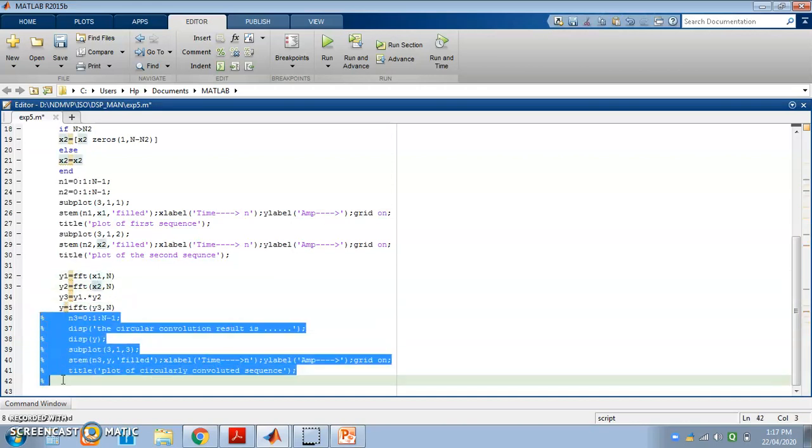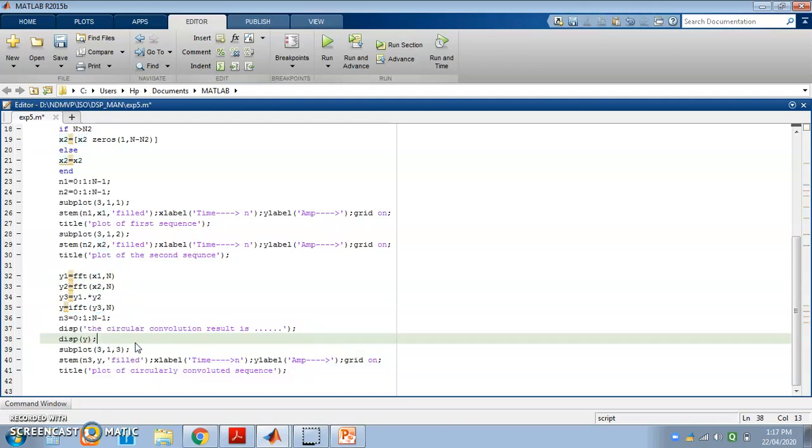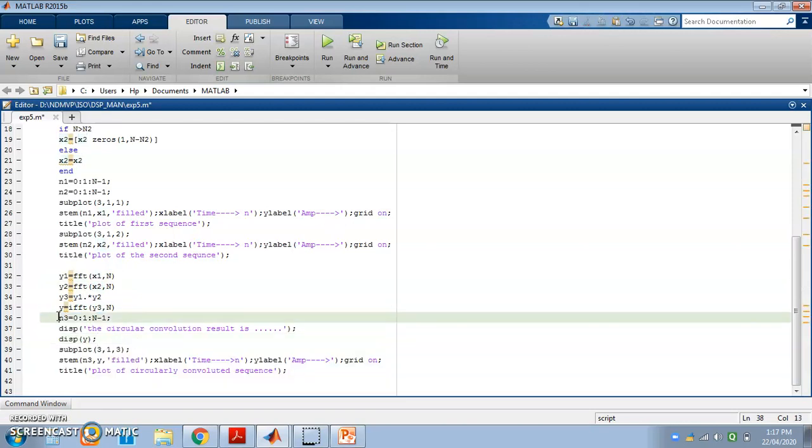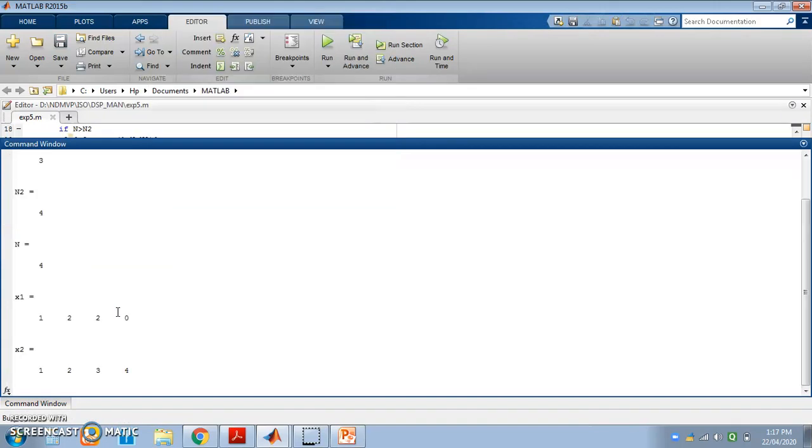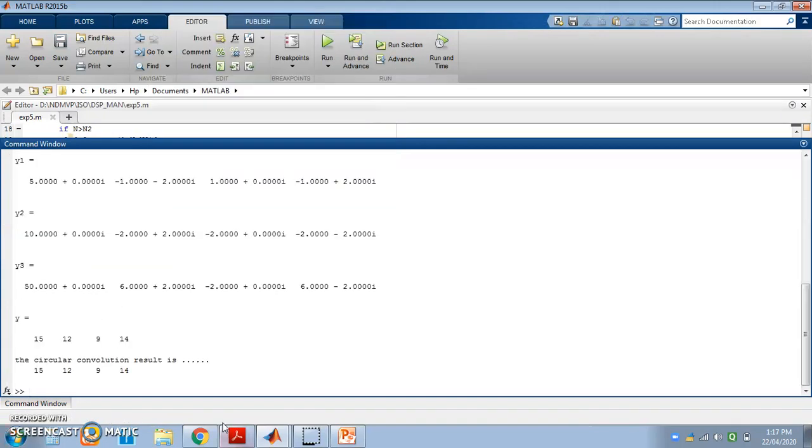It is plotted with respect to time, and I have denoted that time axis as n3, and plotted it as the third figure in the figure file. If I run this code, my circular convolution is 15 12 9 14, and my first DFT is 10, minus 2 plus 2j, minus 2, minus 2 minus 2j.